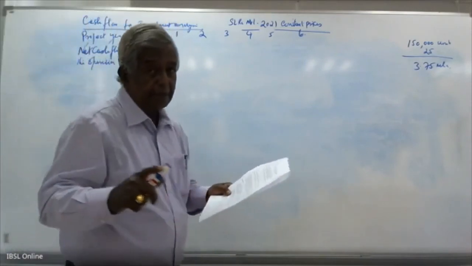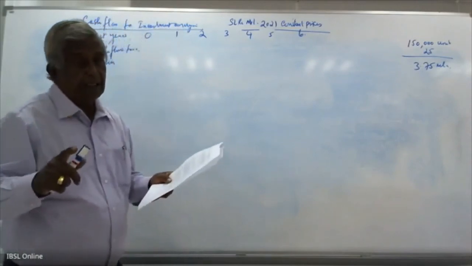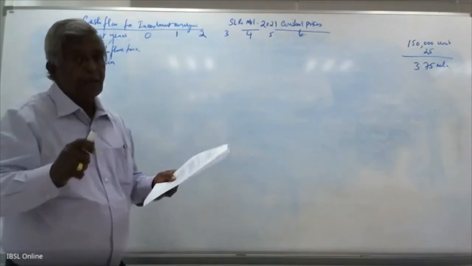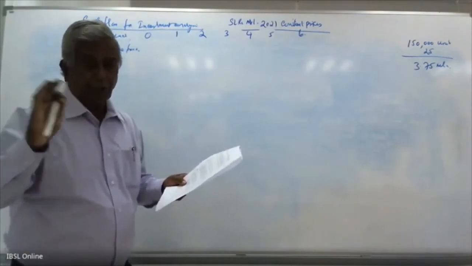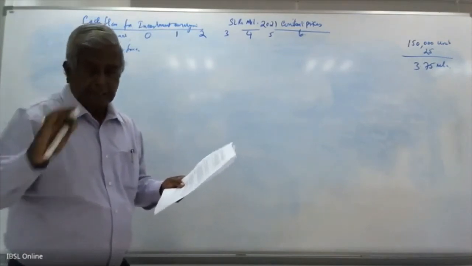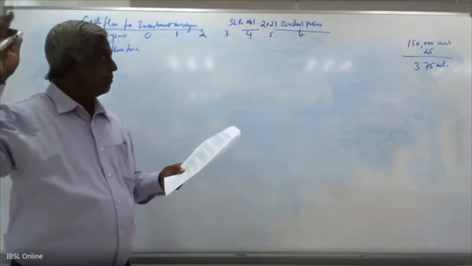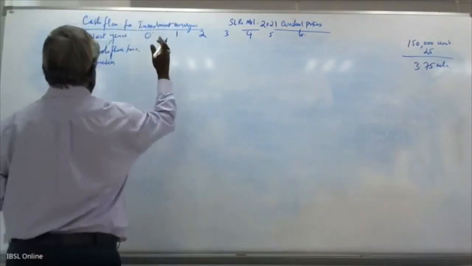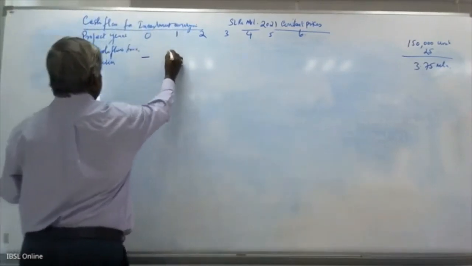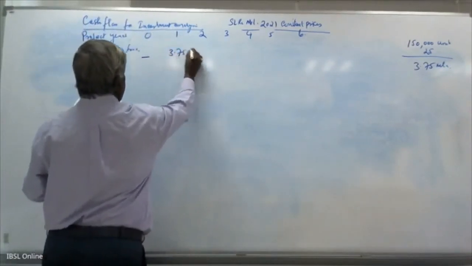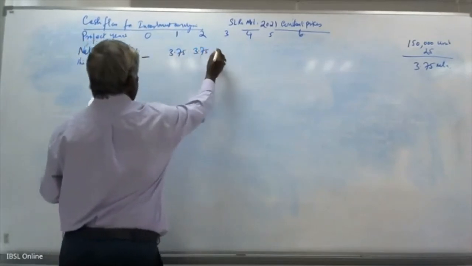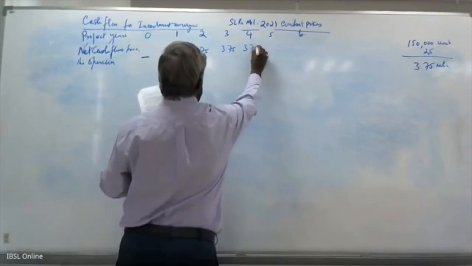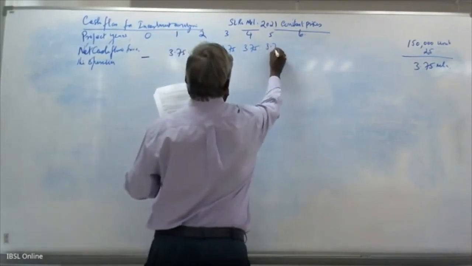They will get 3.75 million annually as a net cash flow from this operation after reducing all the cash operating expenses from the income. So net cash flow from the operation is 3.75 million, 3.75, 3.75, 3.75.